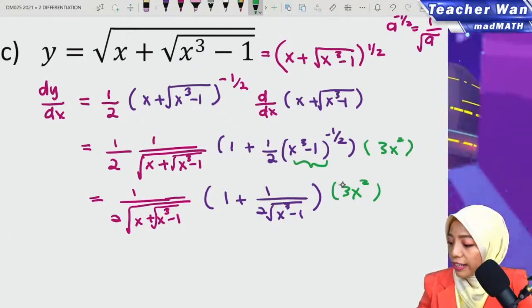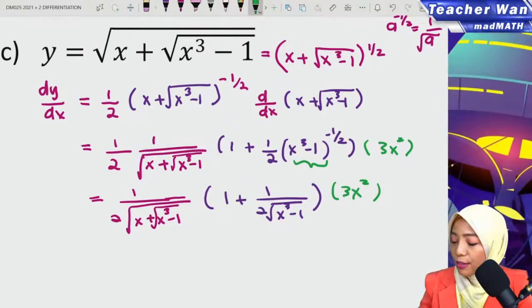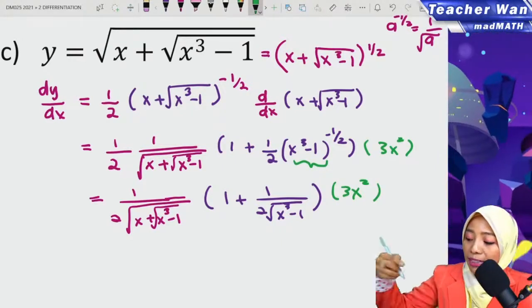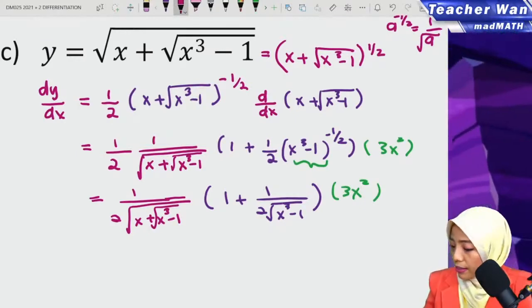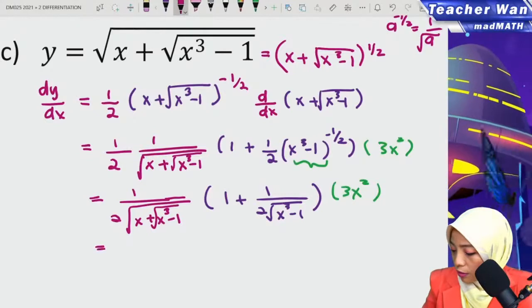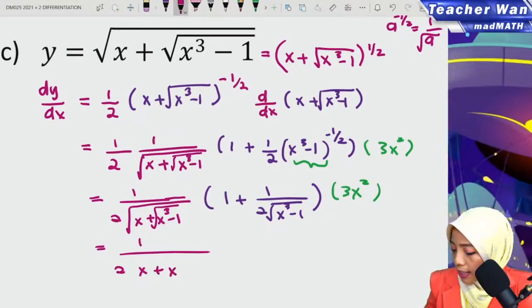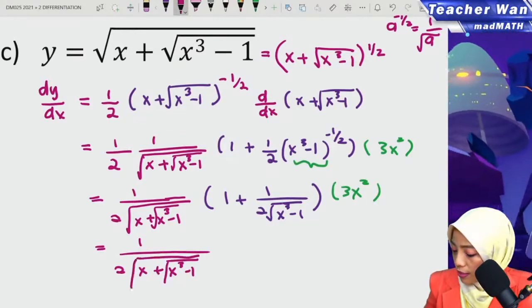The step left is only to expand the 3x squared. We multiply the 3x squared with the purple function here. So we write down again 2 root of x plus root of x cubed minus 1, and then we have another root outside here.